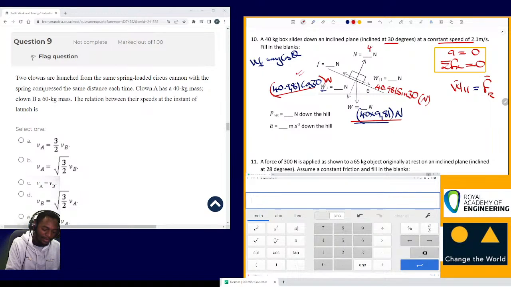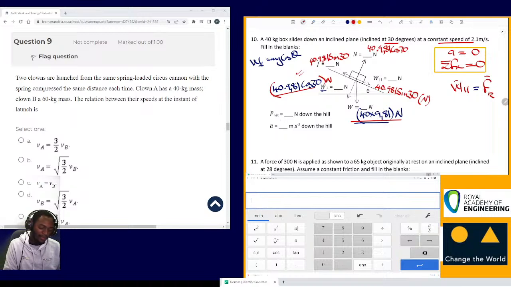So it's also going to be 40 times 9.81 cos 30. Alright. Then we said that the summation of forces in the x is equal to 0, which means that the frictional force is equal to 40 times 9.81 sine 30. So with this we would have completed our equation.